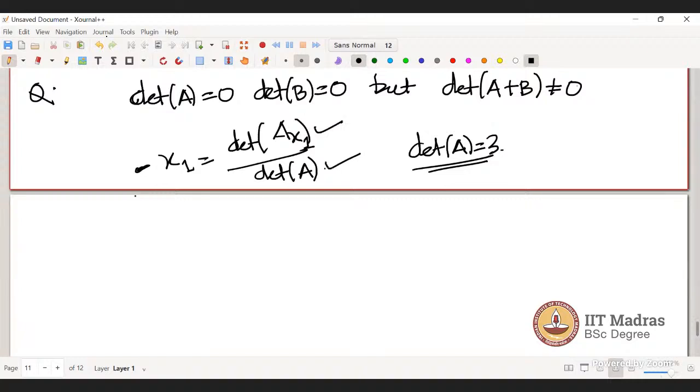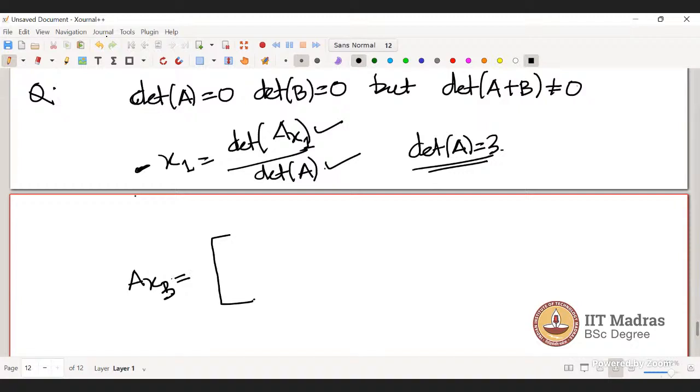Sir, in both the options it is x1 equal to minus 2. So what is Ax3? The matrix I'm talking about.